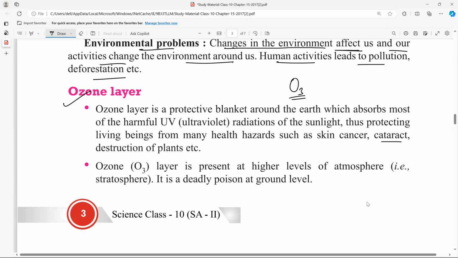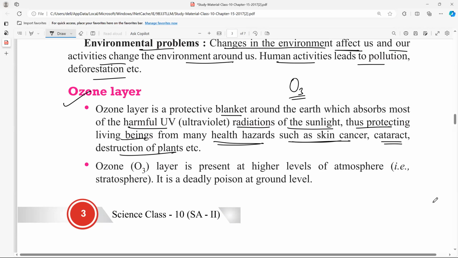We can say it is a protective blanket around the earth which absorbs most of the ultraviolet radiation from sunlight, thus protecting human beings from health hazards such as skin cancer, cataract, and destruction of plants. If the ozone keeps depleting, cancers, cataract, and destruction of plants will increase.